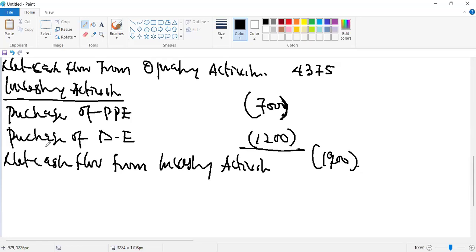I will go to financing. Share capital. What is the share capital at the beginning? 8,000. At the end, 8,000. No movement in share capital. Therefore, no share premium. Yes. No current liability.